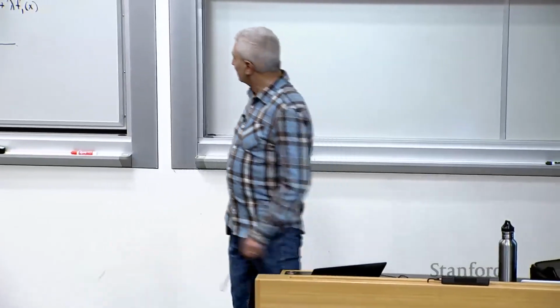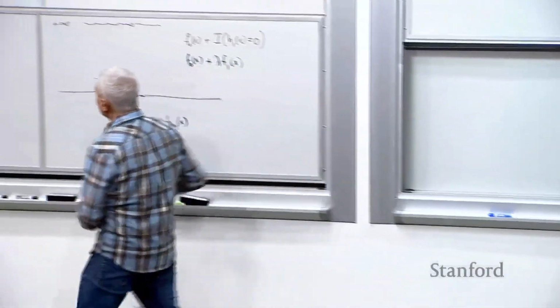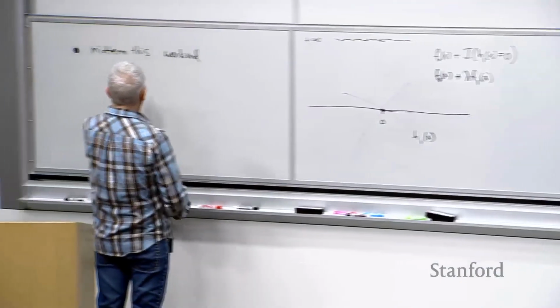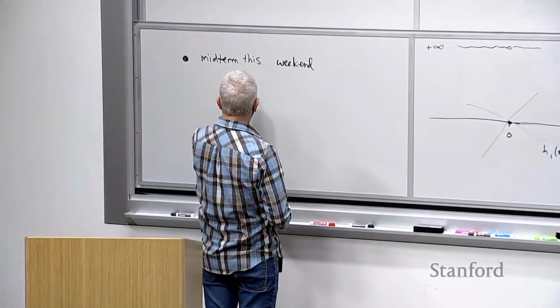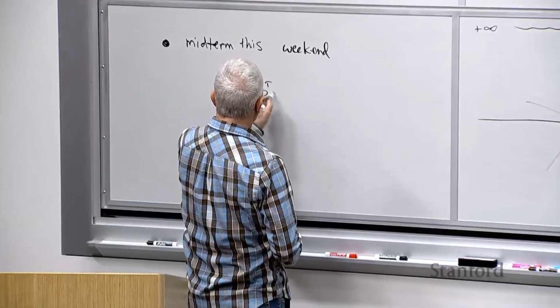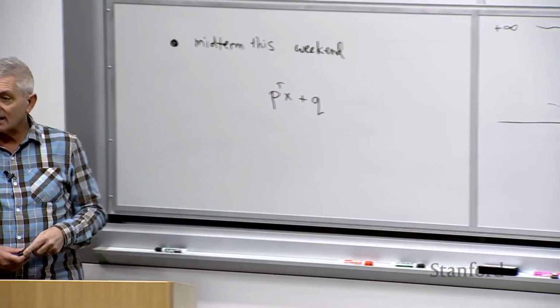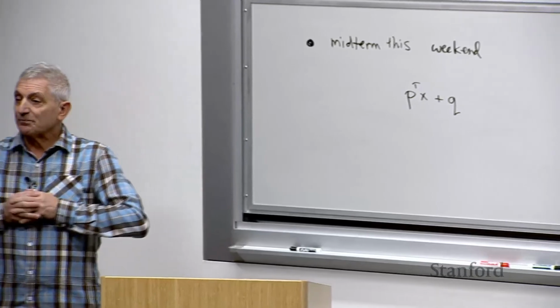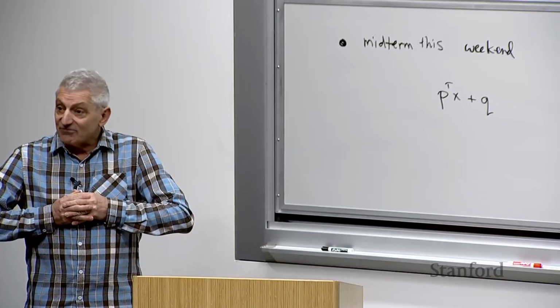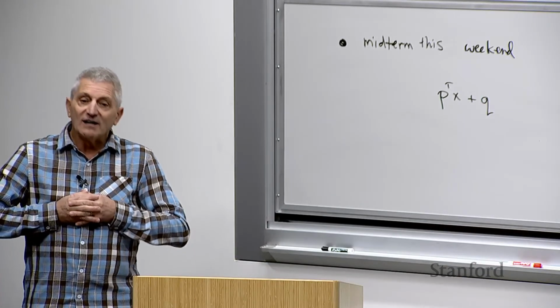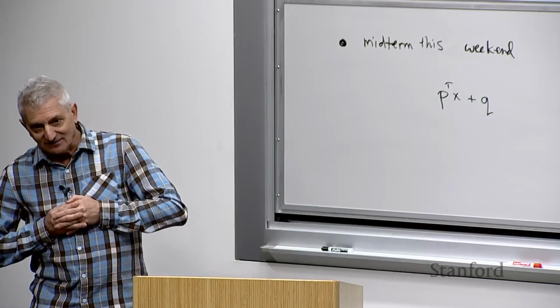Here's my affine function. It's p transpose x plus q. I'd like to minimize that over x, and I'd like to know what the minimum is. Well, it's usually minus infinity, right? But there's one case where it's not.